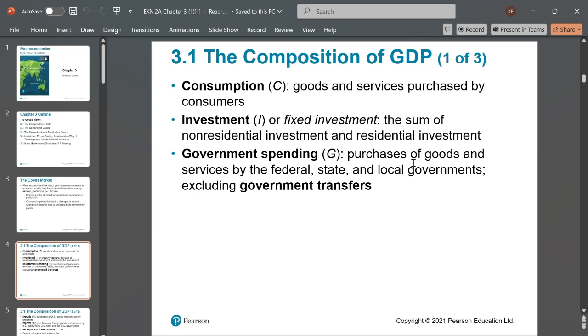And then investments are divided into two: your non-residential and your residential, right? When we talk about investments, we're basically talking about the buying of capital goods, right? But we'll get into that more towards the end of the chapter, right?